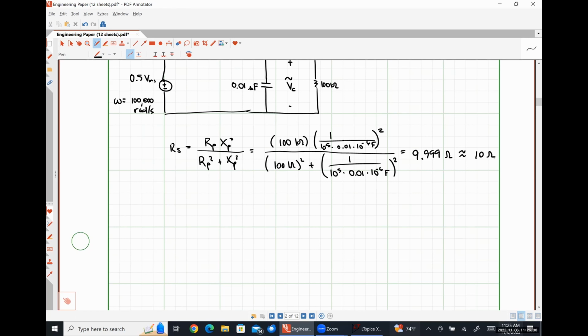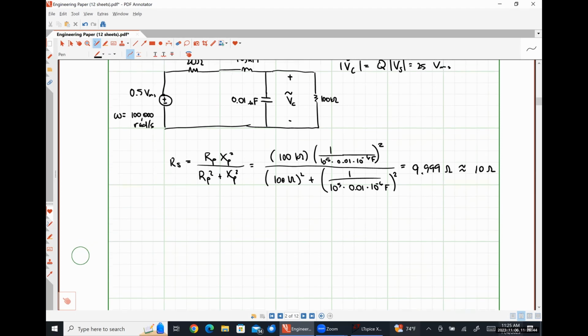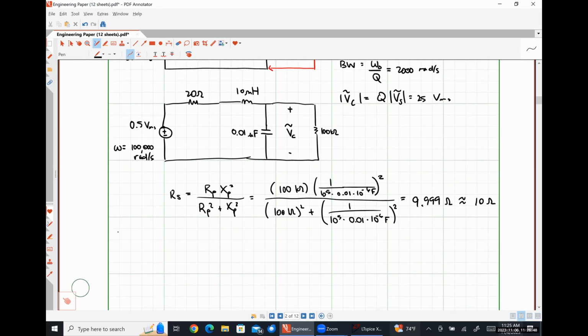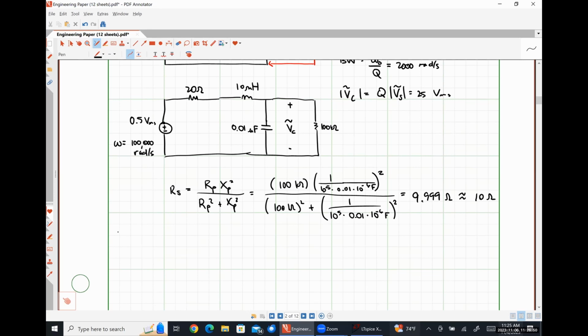Just as a heads up here. We know that our Q was greater than 5. So realistically, we could have used our approximation, I believe.